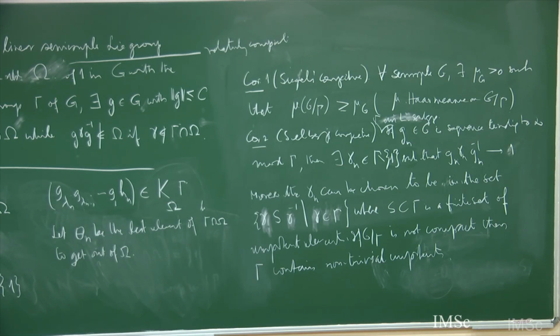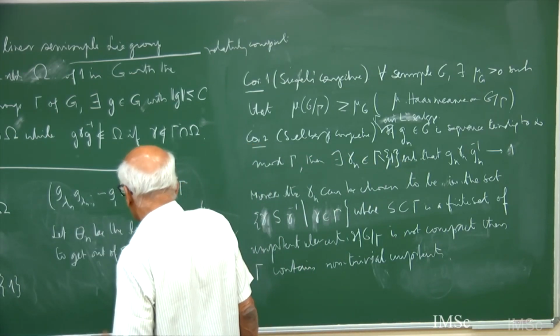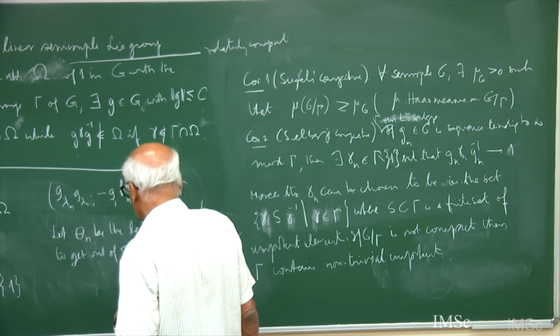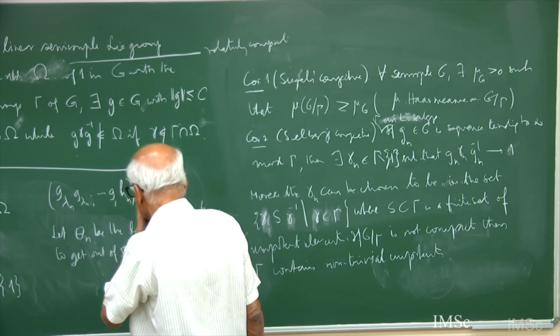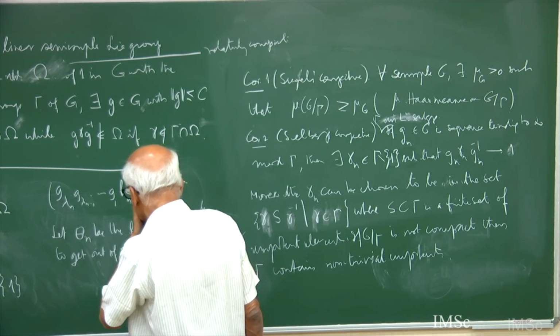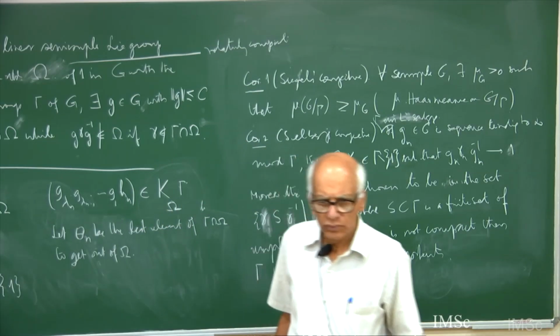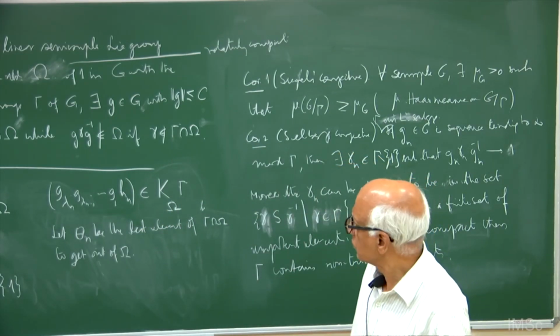Okay. Hold on. Also, is this in the Kazhdan-Margulis theorem? Is this omega invariant under conjugation by G?